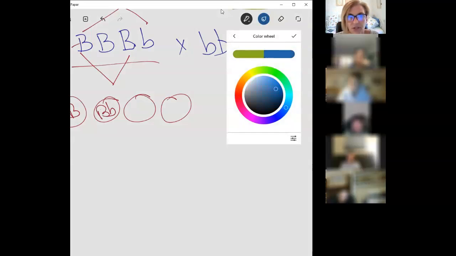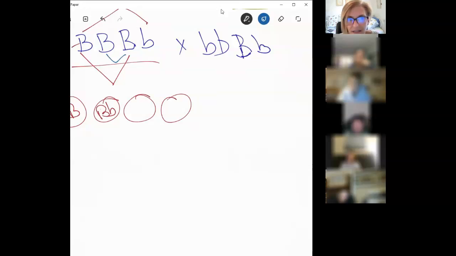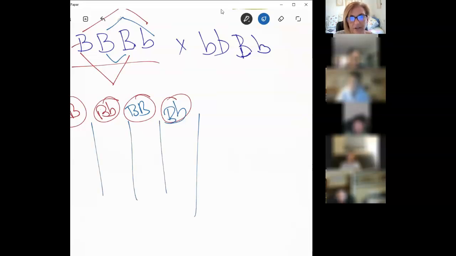Inner, so the inner of the whole set is 2 big B's, and last is the last of each pair, so that's big B, little b. Okay? So this parent can make these 4 different gametes, and if we were doing a Punnett square, every gamete gets a column, right? This parent, because I just sorted backwards, first is going to be little b, little b.